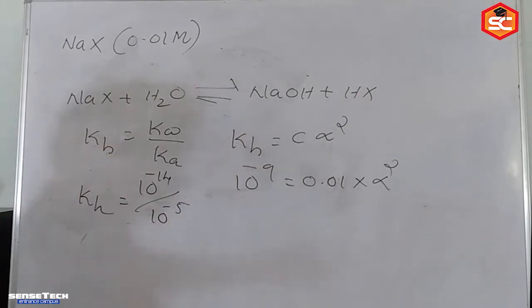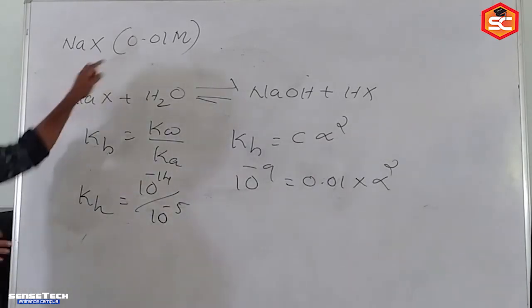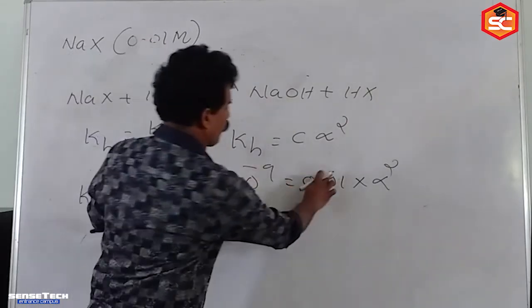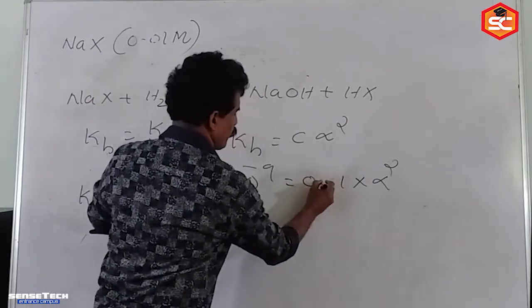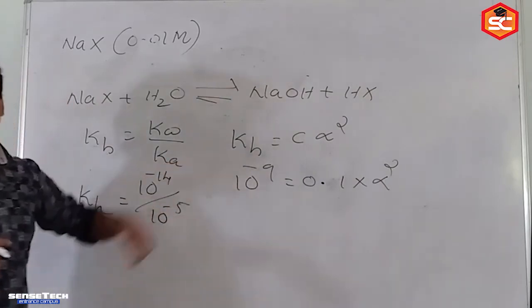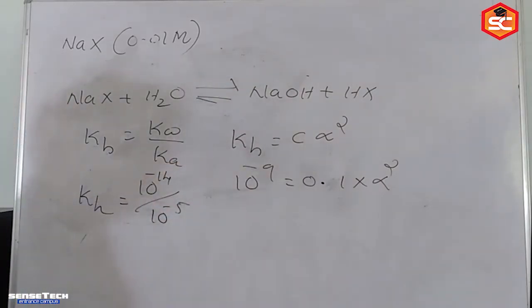Then from that you have to find out alpha. The concentration is 0.01, that is 10 to the power minus 2. So alpha square is 10 to the power minus 8, so alpha is equal to 10 to the power minus 4.